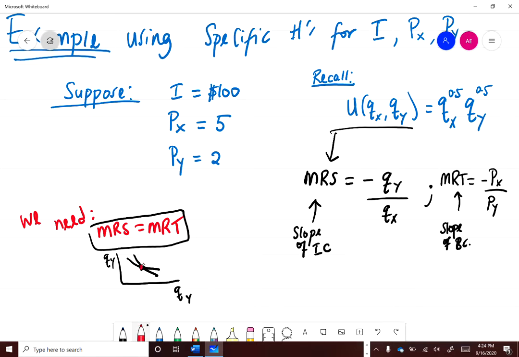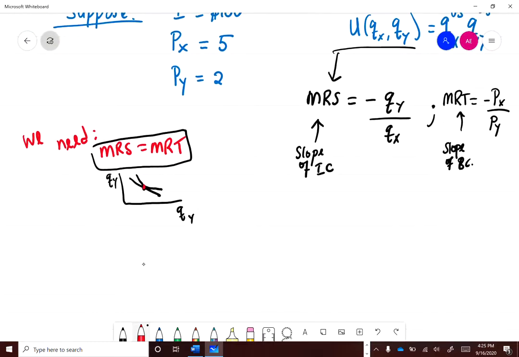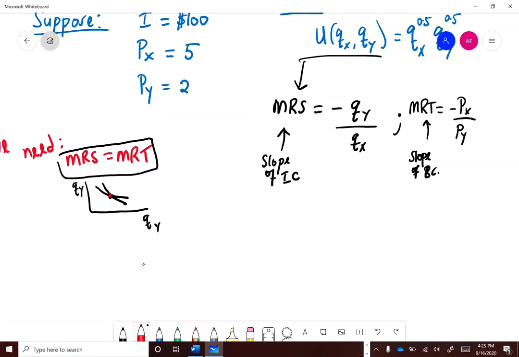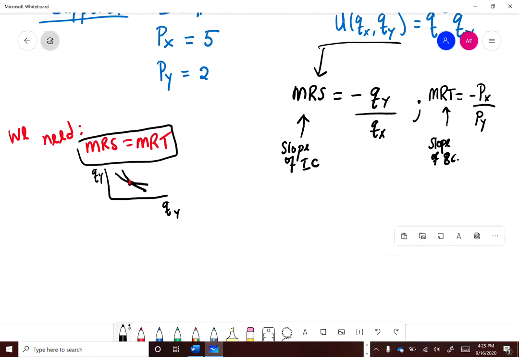We talked about all of this in the last video. That was a quick reminder here. All right, so let's use these specific numbers and find Rory's demand function, right? That's what we're trying to derive.